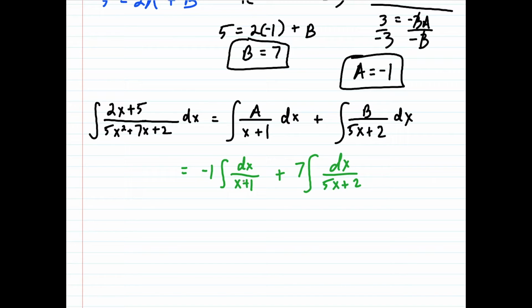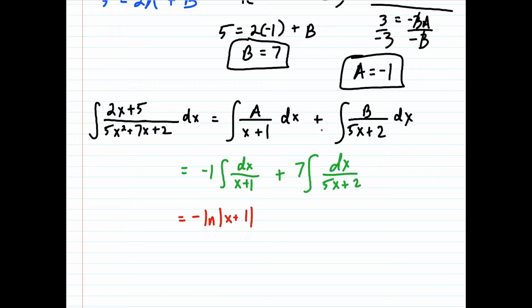This one, I'm not going to do a u-sub because when u equals x plus 1, the derivative of x plus 1 is 1, and that's not really a nice situation to do a u-sub. So for the first part of this question here, we could go ahead and say that our answer is negative natural log absolute value x plus 1.